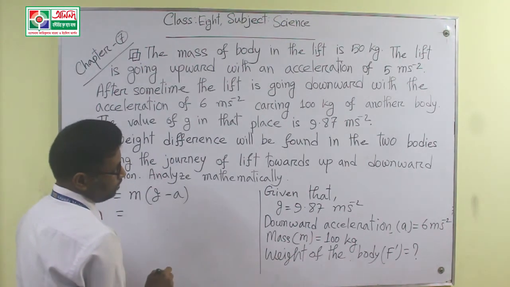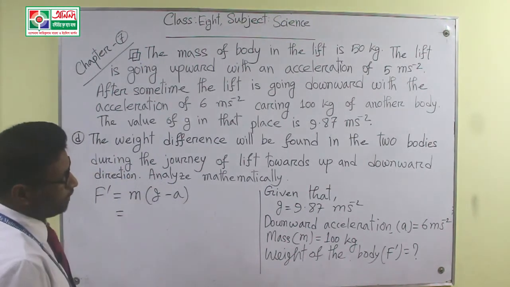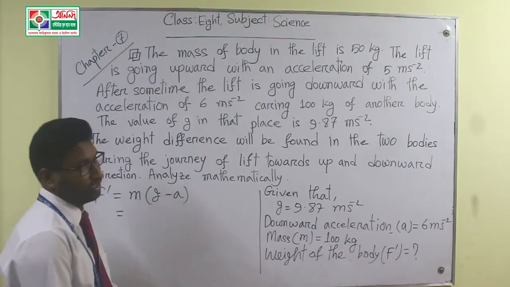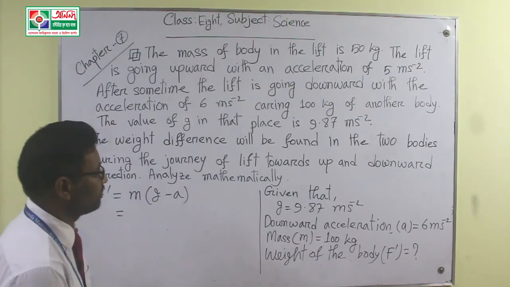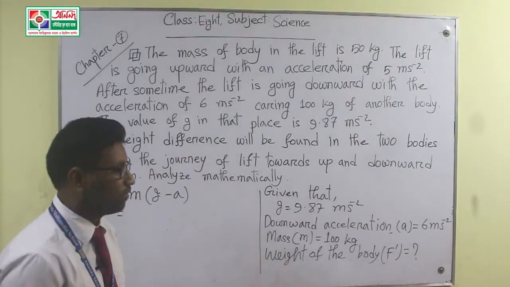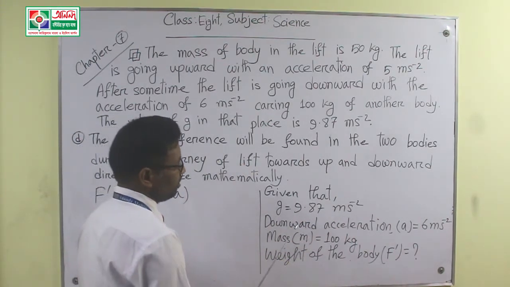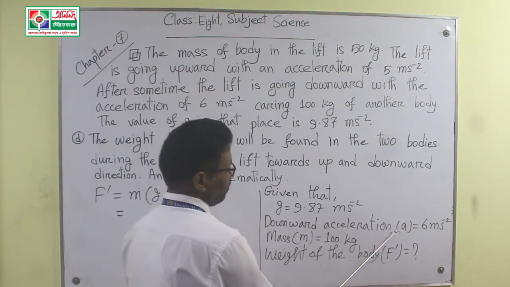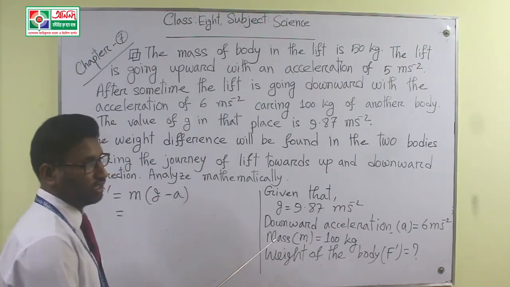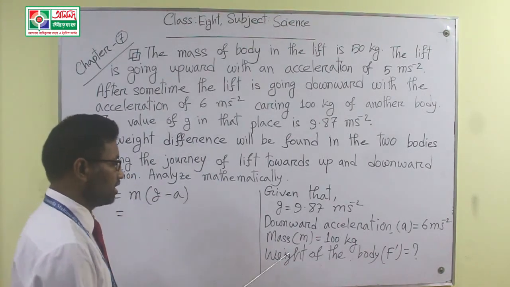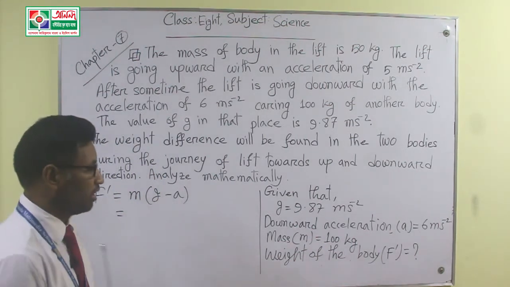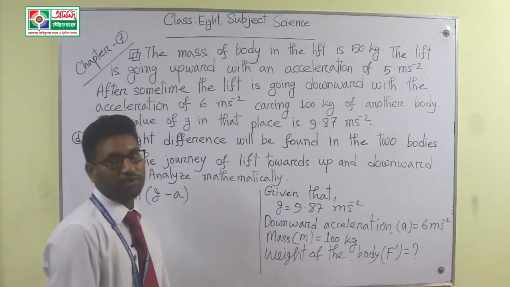We have already found the values of small m, g and a from the stream. That means in this case small g equal to 9.87 meter per second square, downward acceleration small a equal to 6 meter per second square, and the mass of the body when the lift is going downward is 100 kg, and the weight of the body F prime equal to what?